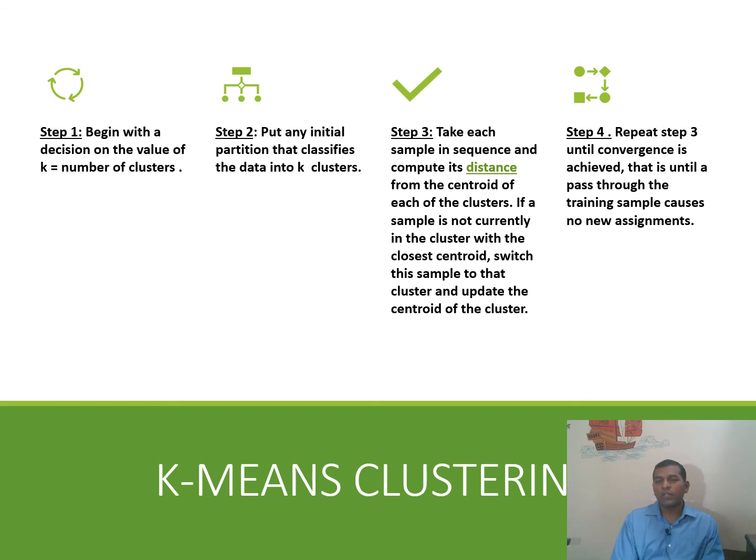Once we find that a particular centroid is closest, the object is assigned to that cluster. If a sample is not correctly in the cluster with the closest centroid, then switch this sample to that cluster and update the centroid of the cluster.